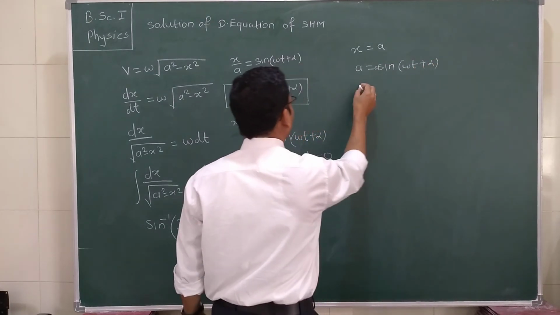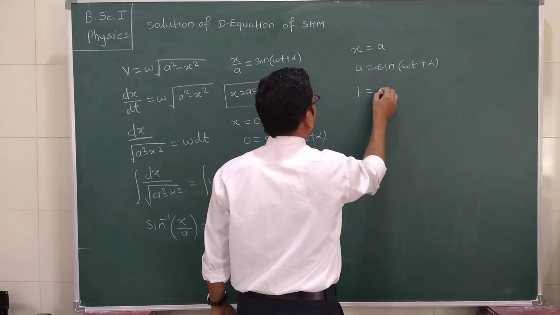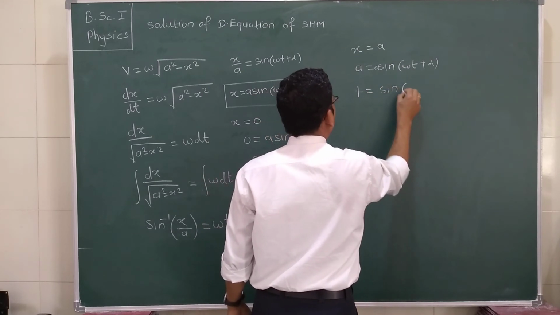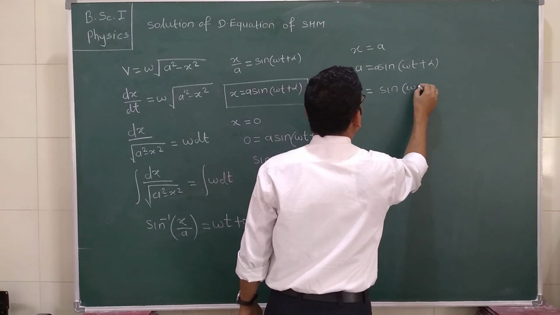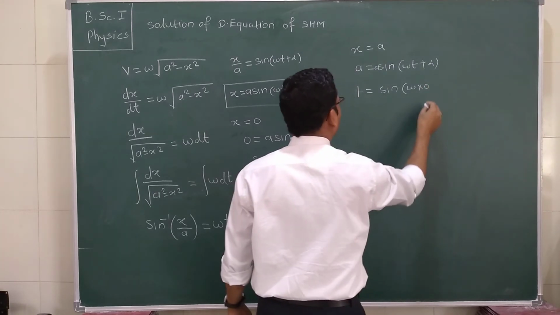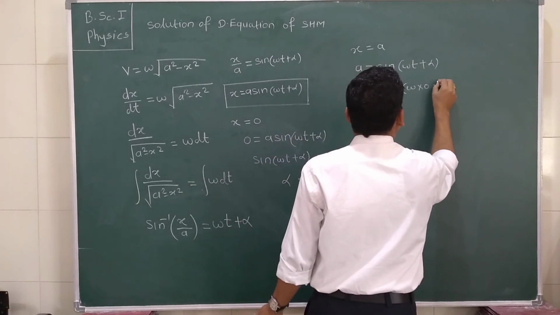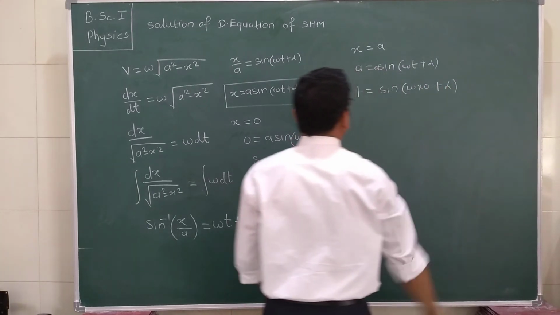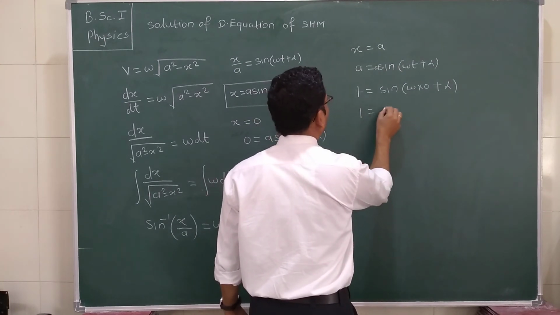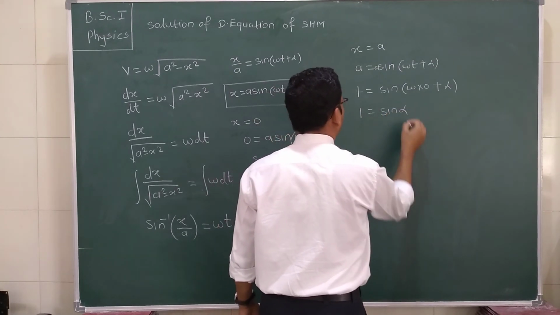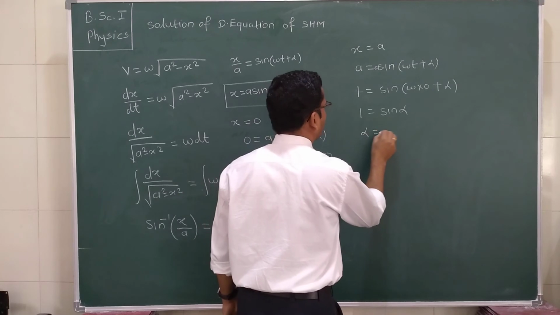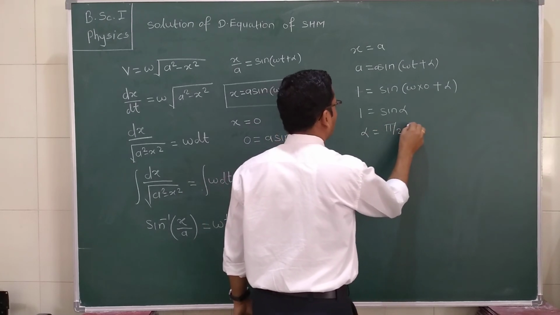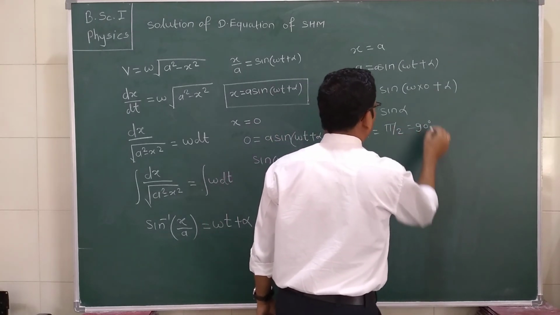Okay, so this a will cancel, remaining 1. 1 is equal to sine of omega into t, and t is nothing but 0 because it is starting, plus alpha. So this is 1 equal to sine alpha. Therefore, alpha is equal to pi by 2, which is equal to 90 degrees.